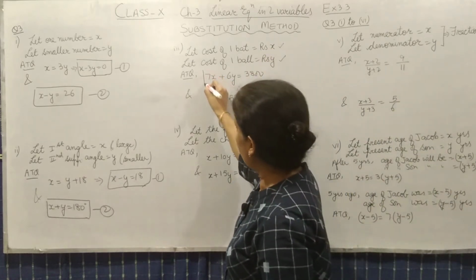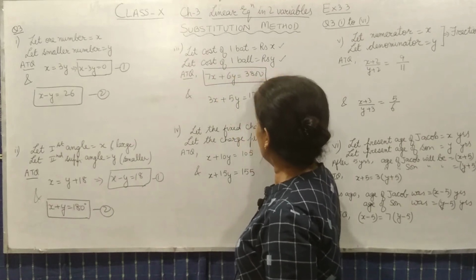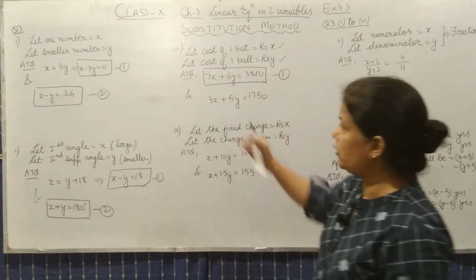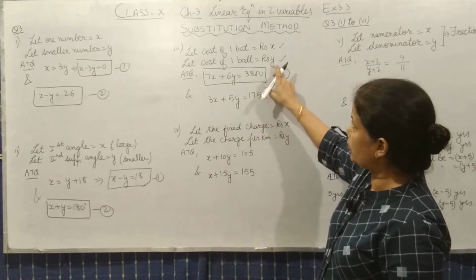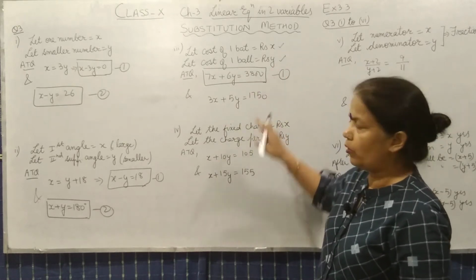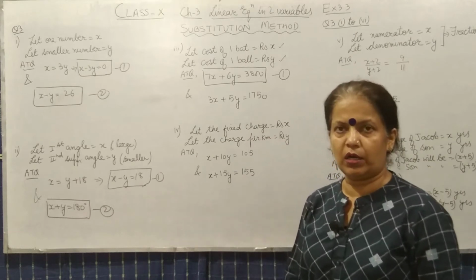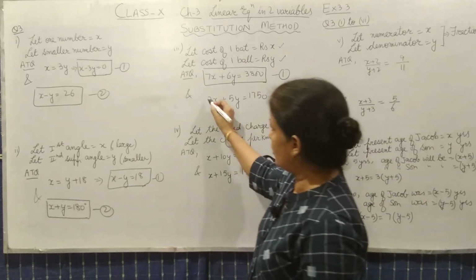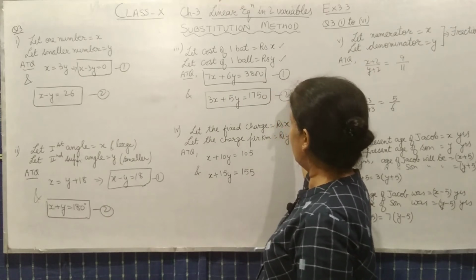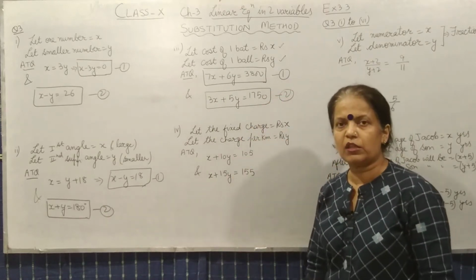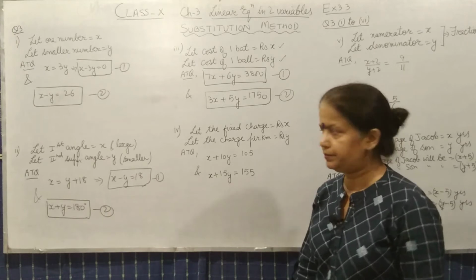So this is the first equation. And in the second, the cost of 3 bats and 5 balls equals 1750 rupees. So this will become the second equation. Now you can solve it by the substitution method. Clear?